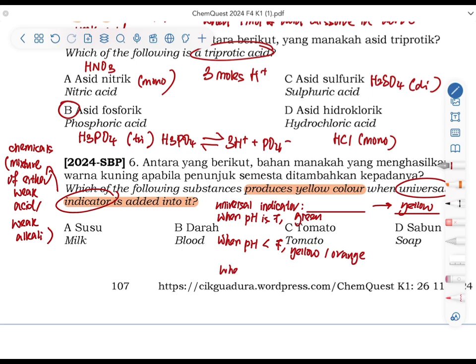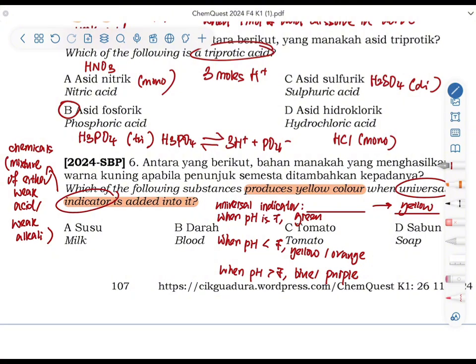And when the pH is more than 7, which means the test solution is alkaline, it will become blue, dark blue, or even purple, depending on the concentration of the acid or alkali.